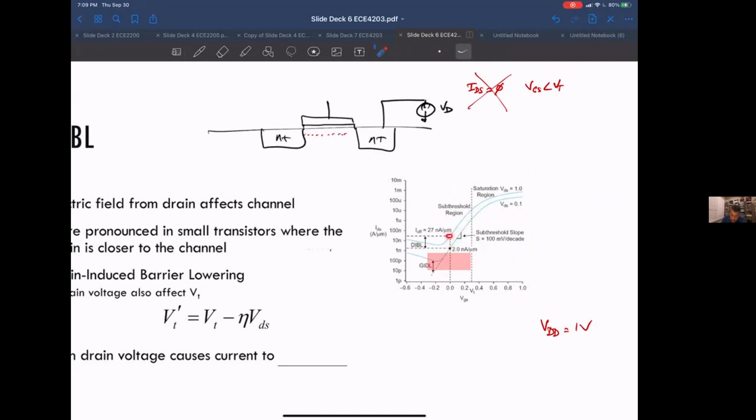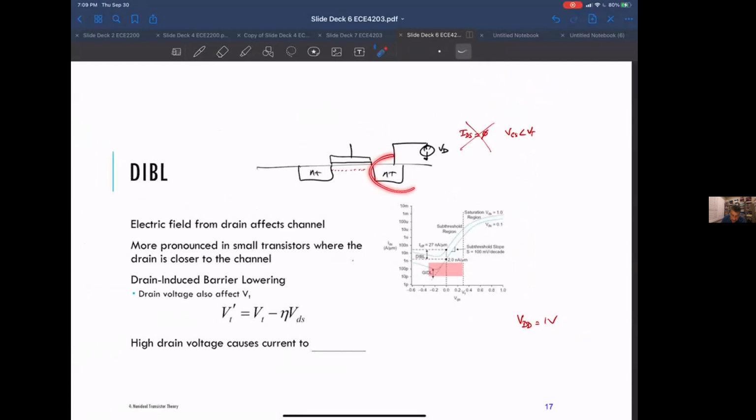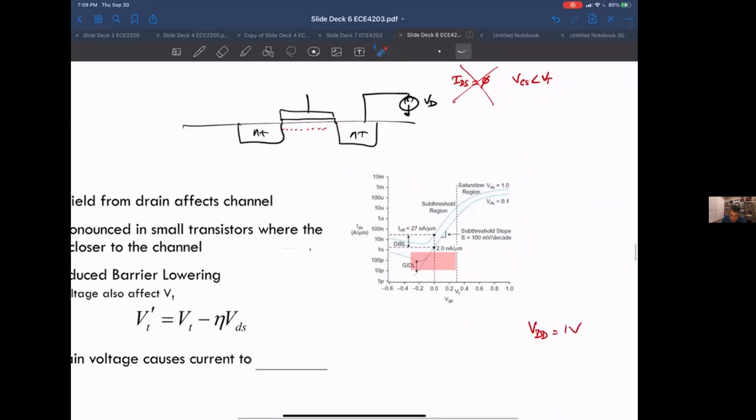The upshot is, because of drain-induced barrier lowering, this effect that the drain has on the channel, you end up with a different leakage current on the transistor when the drain is high than when the drain is low. When the drain is at a high value, in this particular case, the leakage current of this transistor is 27 nanoamps.